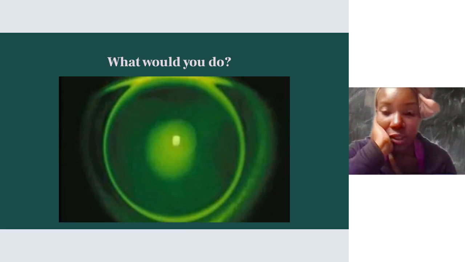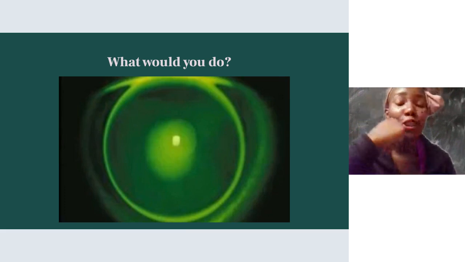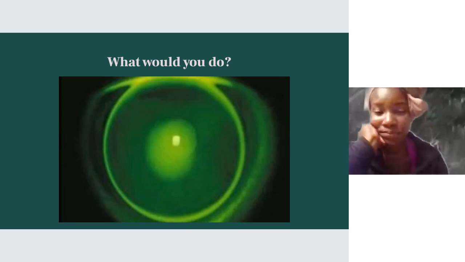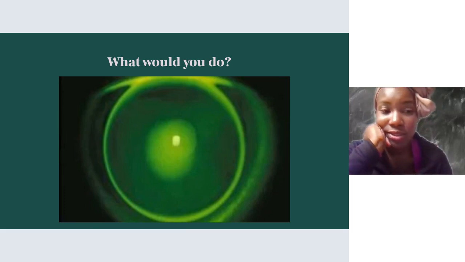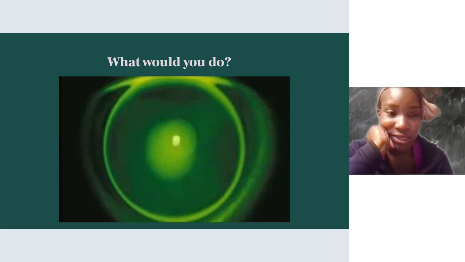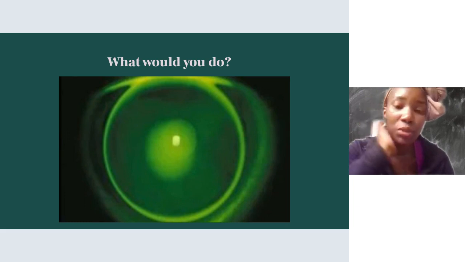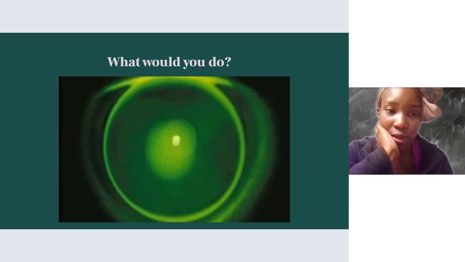So you're looking at the lens, you fit this person. What are you going to do? First of all, what kind of fit is this? Flat? It's a flat-fitting lens. Yeah, order a flatter lens. And what does ordering a flatter lens look like? What are the items that you would change?